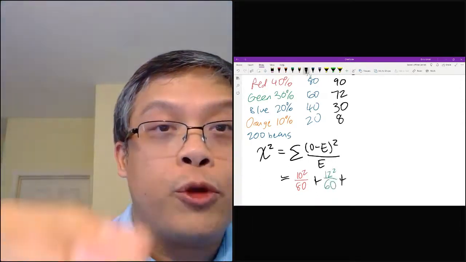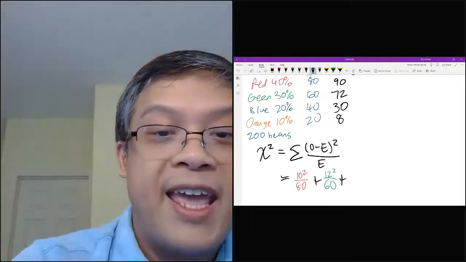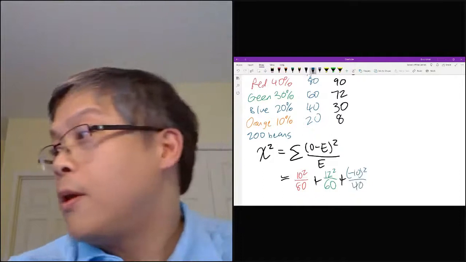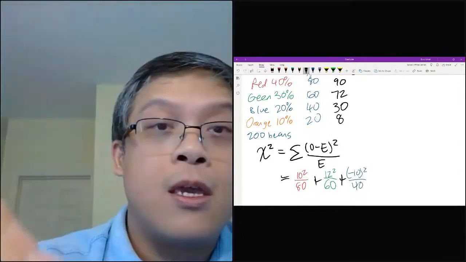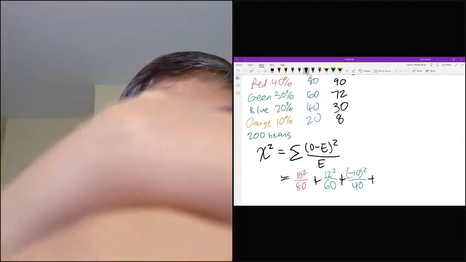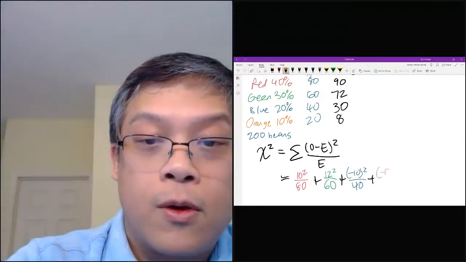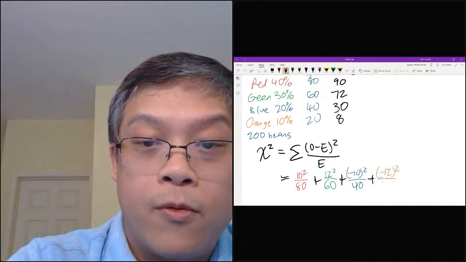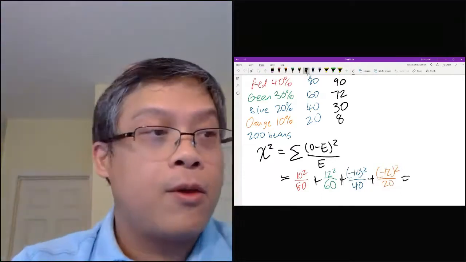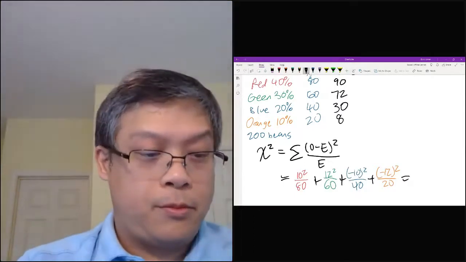Then for the blue jelly beans, that is a -10 quantity squared over 40. And for the orange beans, it is another -12 squared over 20. And we're going to add all those numbers up.